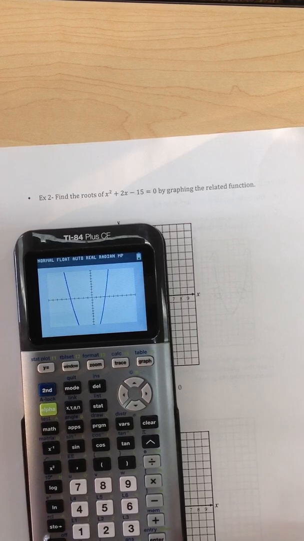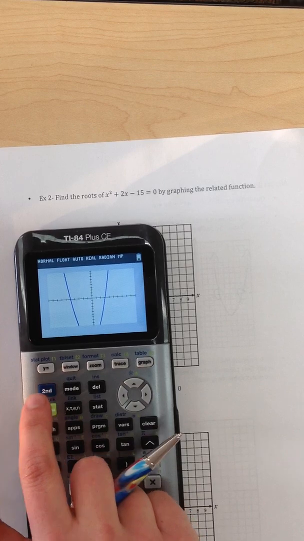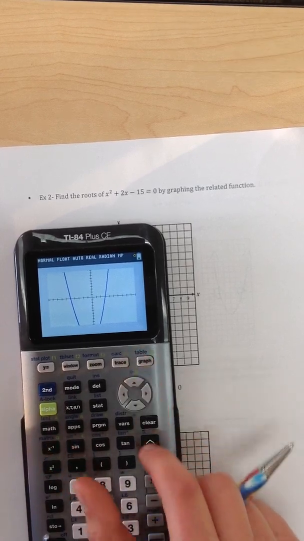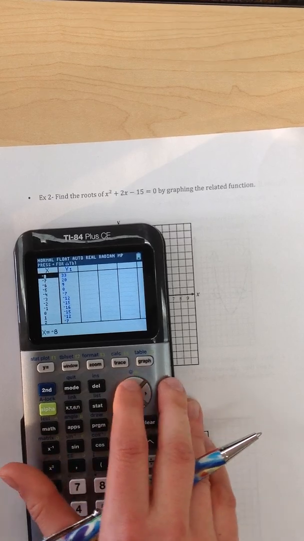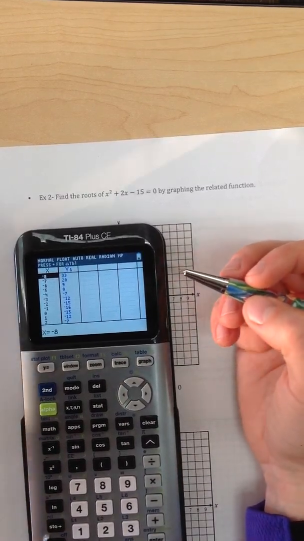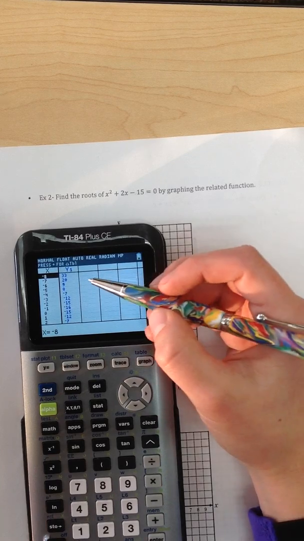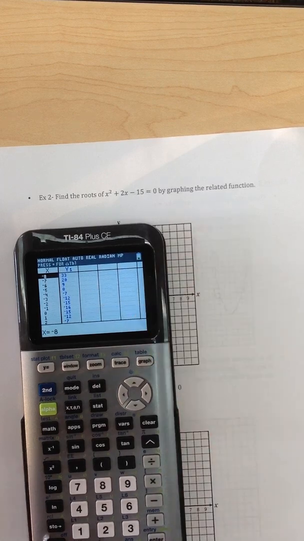Now, if they want me to graph it on paper, and I think that's what I'll probably have you do on the quiz, is physically graph this out, we can use our table again. So we go second, and then above the graph it says table, and this will give us some points that'll work. I think we might actually have to change our scale on our graph here.